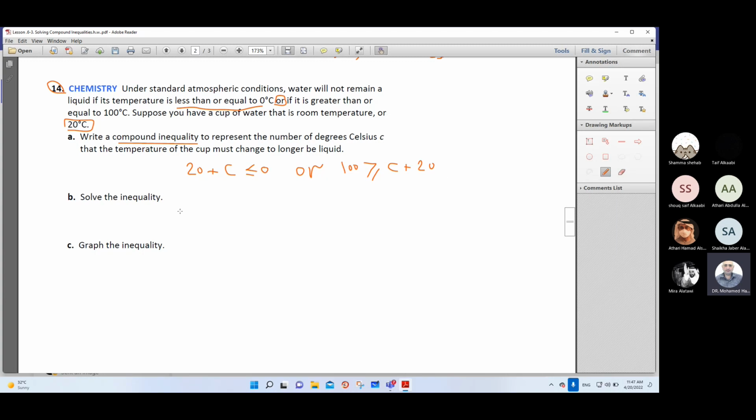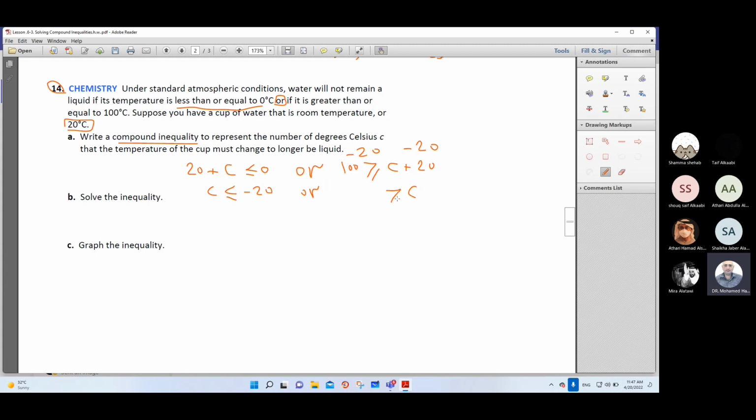Now we want to solve this inequality and we want to graph this inequality. To solve it, we can move 20 to the other side. So we can write C less than or equal to negative 20, or here we can subtract 20 from the two sides. Minus 20 plus 20 is 0.